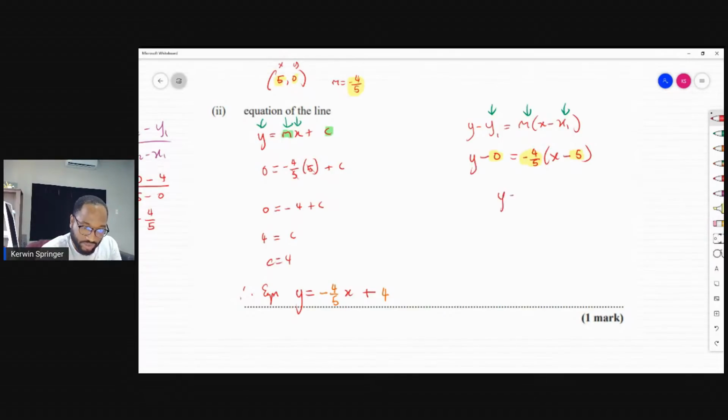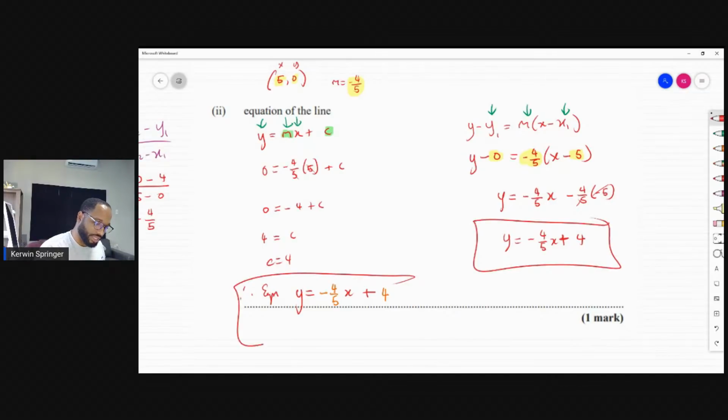Then y is equal to negative 4/5 times x minus 5, where the 4/5 has to multiply by this negative 5. You get a little cancellation here, the sign will switch up on you, and you get y equals negative 4/5 x plus 4 again. So same thing here.